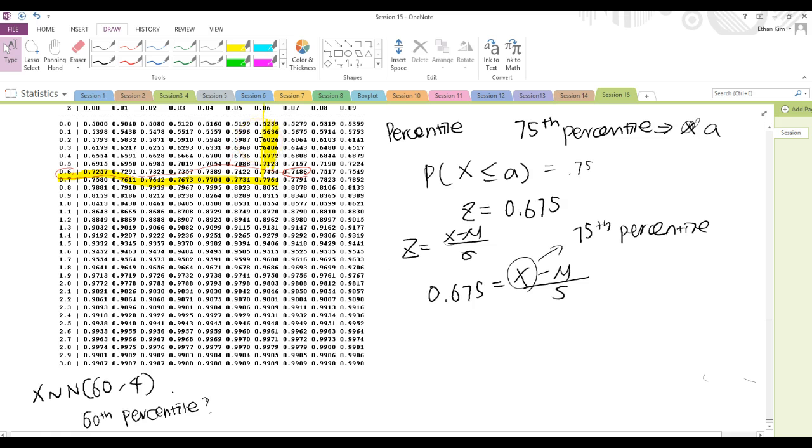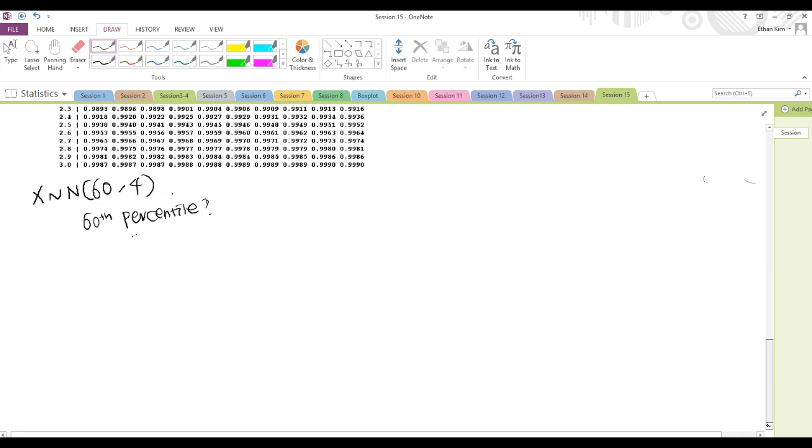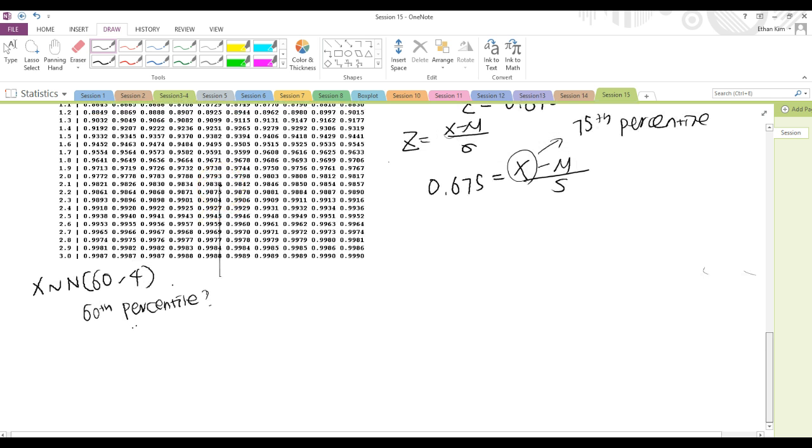So that's going to be 0.26. Okay, so z-score is 0.26.